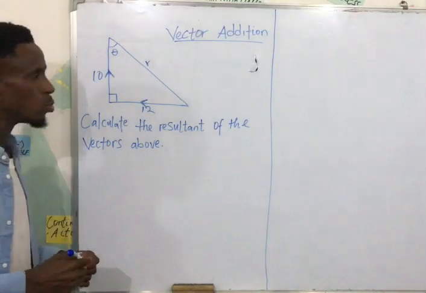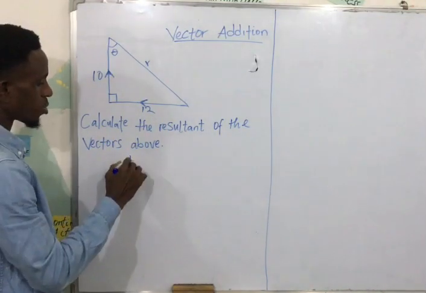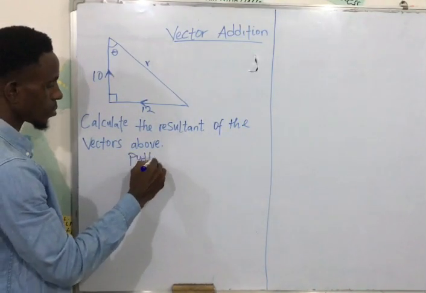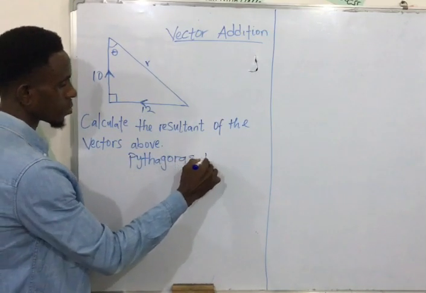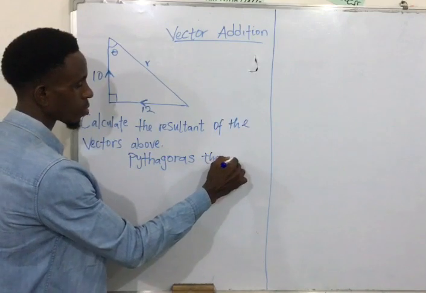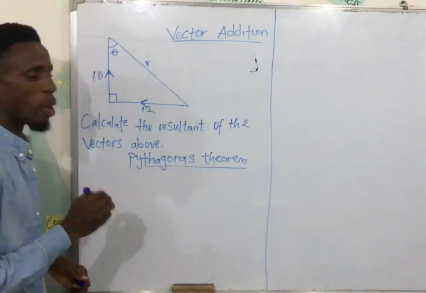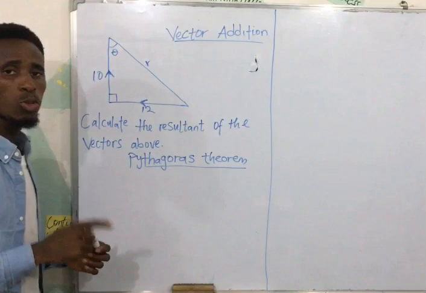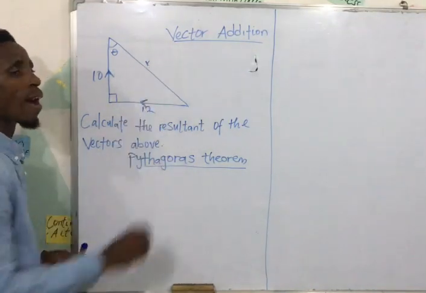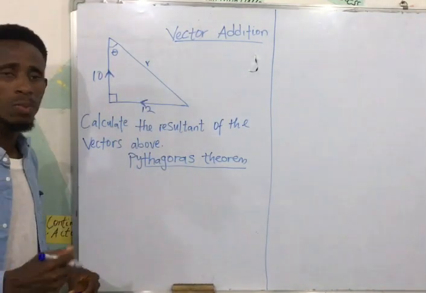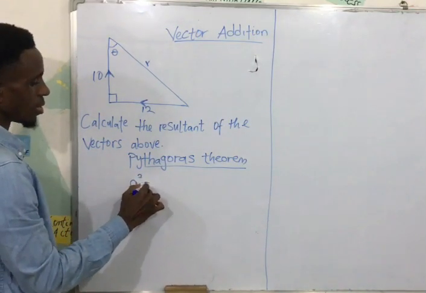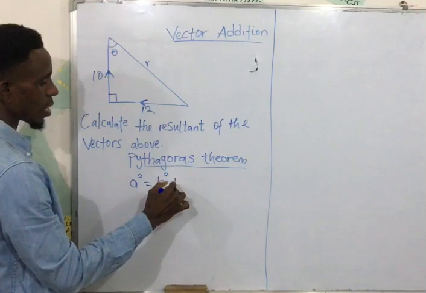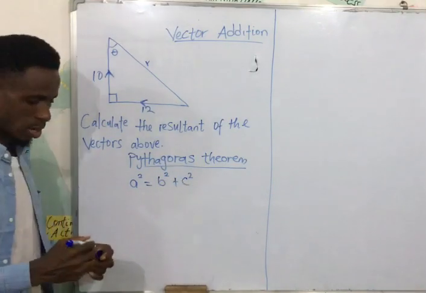So what are we going to do? We're going to use Pythagoras theorem. We're using Pythagoras theorem to get the value of r. And Pythagoras theorem says that a squared is equal to b squared plus c squared.